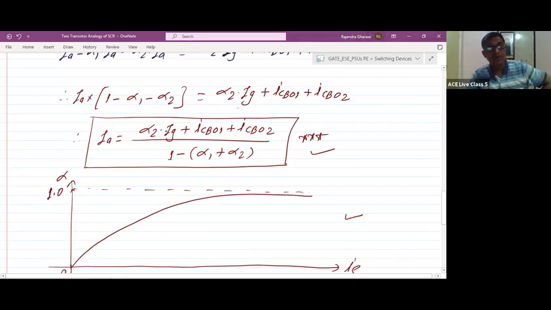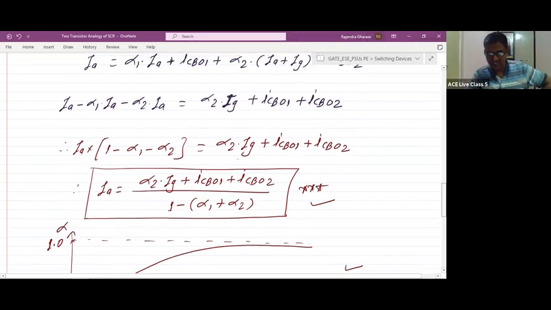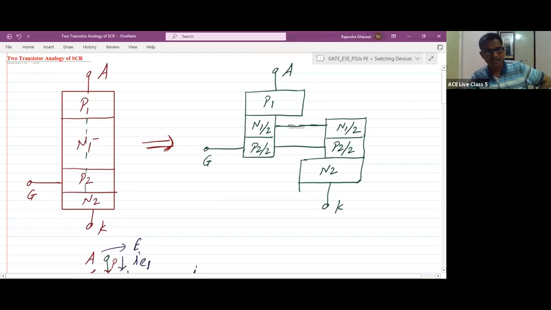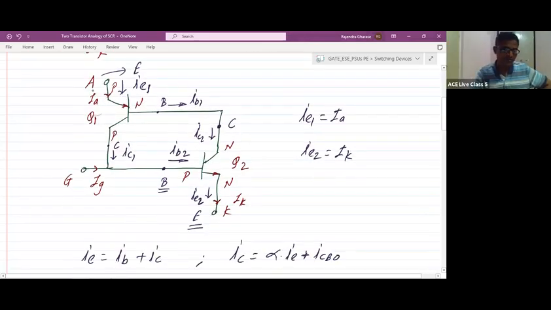Then how much current will be flowing through the SCR? Very small current. Ideally that current should be 0, but practically some small current will be flowing. So can we say that Ia will be very small?